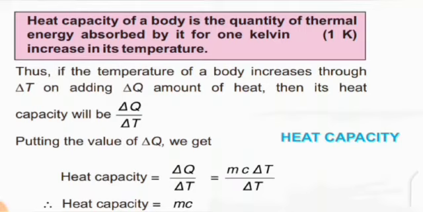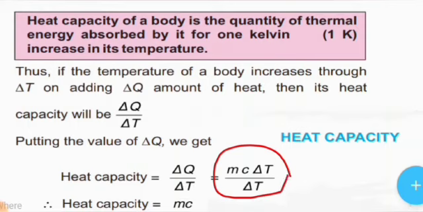Thus students, if the temperature of a body increases through delta T on adding delta Q amount of heat, then its heat capacity will be equal to delta Q by delta T. We already know the value of delta Q is mc delta T. So by putting the value of delta Q, the equation becomes mc delta T divided by delta T. Delta T cancels out with delta T, and the final equation of heat capacity is heat capacity equals mc.